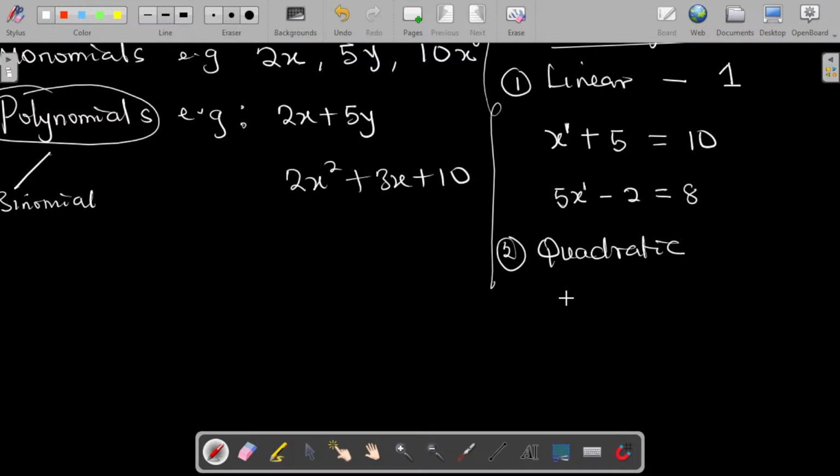An example is if I have x squared plus 5x minus 2 equal to 0. This is a quadratic equation because there is x raised to power 1 and there is x raised to power 2. So whenever you have the highest power of your variable to be 2, then you say that the equation is a quadratic equation. I don't know if you are following me.